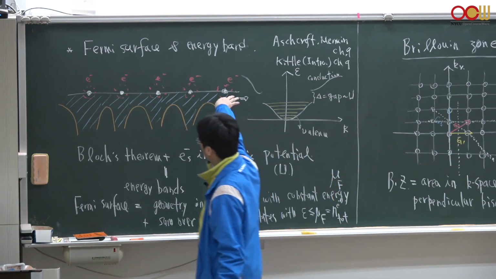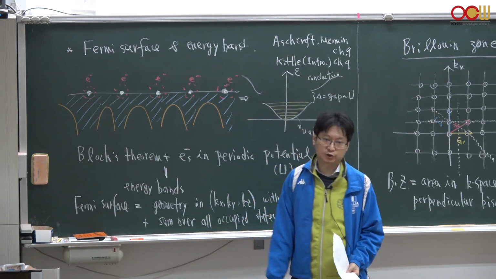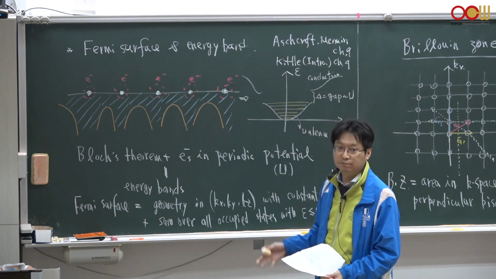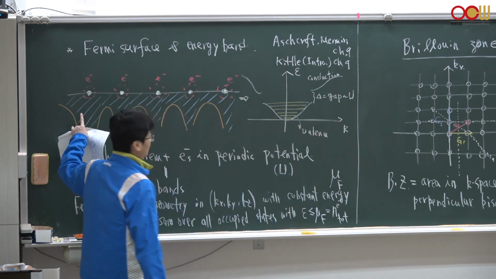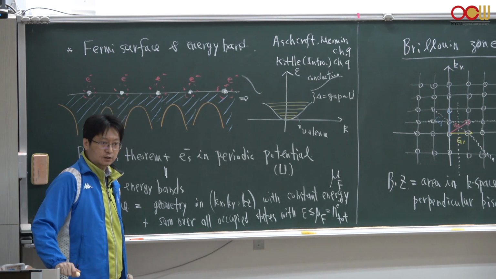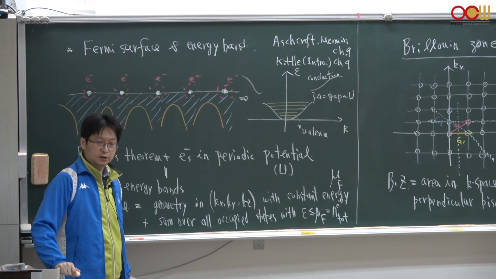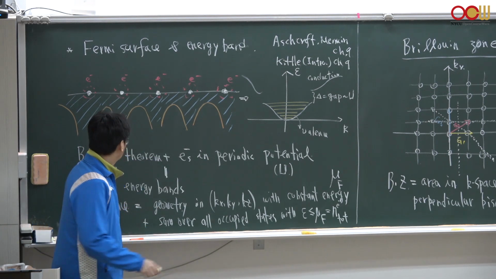To simplify, we consider just a one-dimensional array of ions surrounded by free electrons. And remember, those electrons and ions interact by attractive interaction, which we already mentioned, the electron-ion potential.